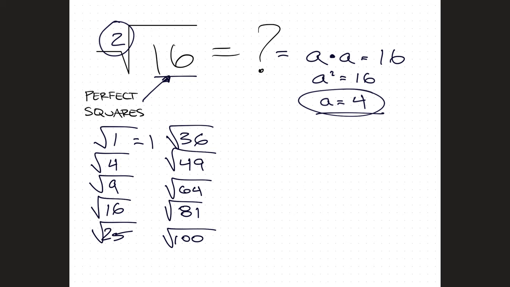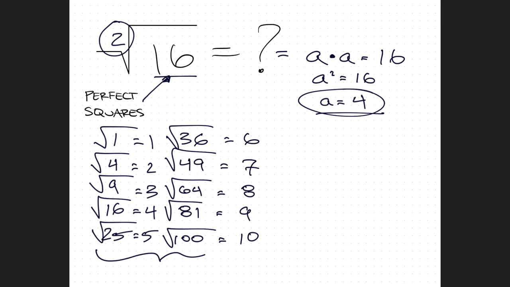We're going to use just the positive values. I have 1, 2, square root of 9 is 3, square root of 16 is 4, square root of 25 is 5, square root of 36 is 6, square root of 49 is 7, square root of 64 is 8, square root of 81 is 9, and the square root of 100 is 10. It's helpful to sometimes memorize these. It makes simplifying radicals much faster.